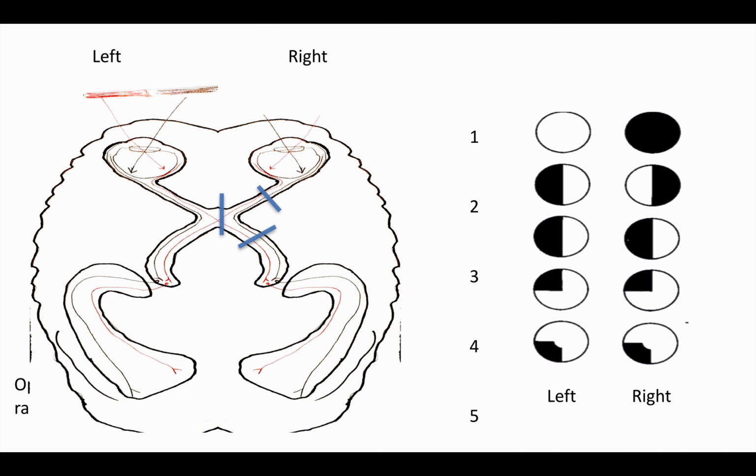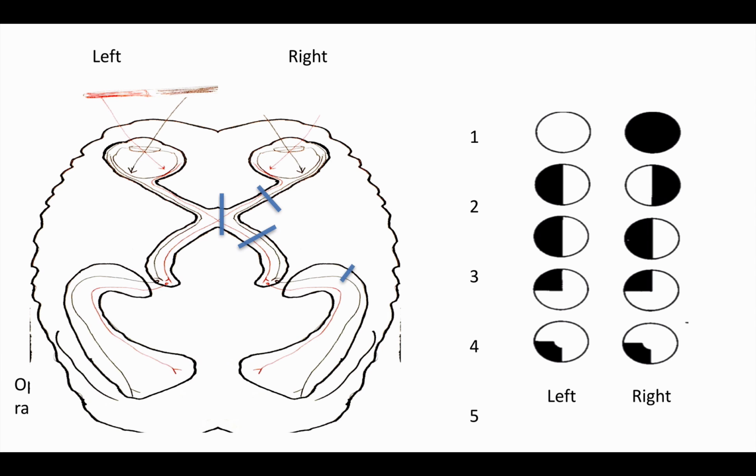If the lesion is in the optic pathway of the right side of the brain, then there is visual loss of all images coming from the left side of the body. So you get contralateral hemianopia.